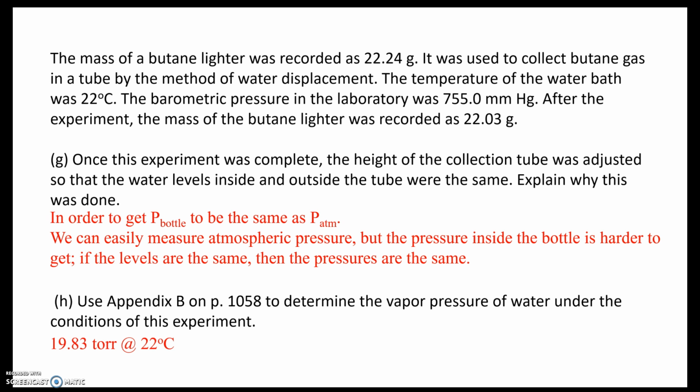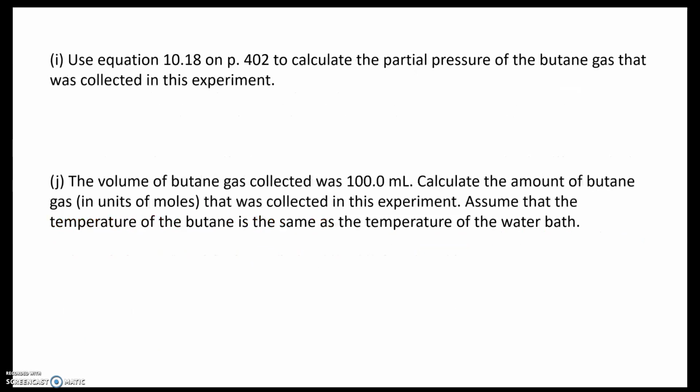So at our temperature of 22 degrees C, water has a vapor pressure of 19.83 torr. That's not very much compared to atmospheric pressure of 760. It's a very small amount. Now, when we get up to 100 degrees C, the vapor pressure would in fact be 760, but it's not. This is cold water.